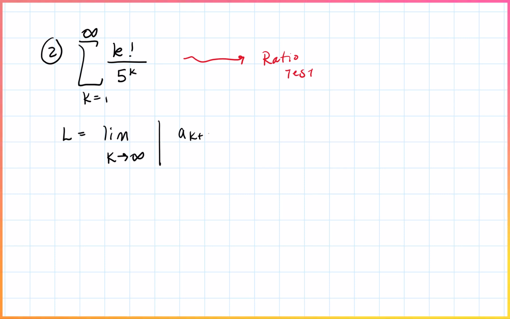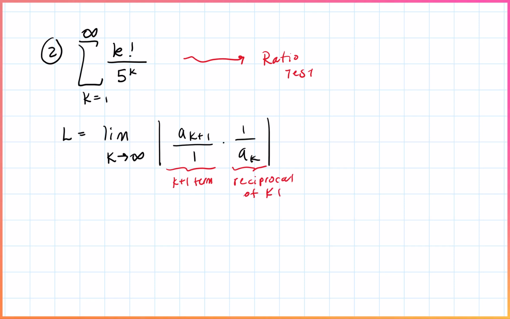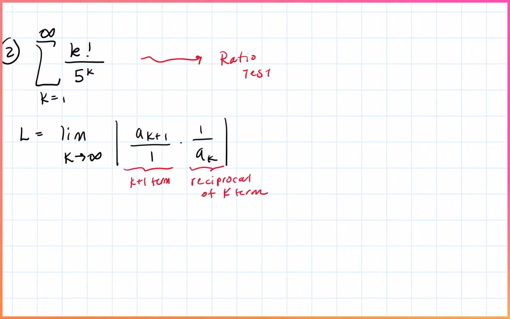Just remember, with the ratio test, it is often a little easier to think of it in this form, where we take the k plus 1 term, so we plug in k plus 1, and then we multiply by the reciprocal of the k term. So this is going to end up being our limit. Our L is going to be the limit as k approaches infinity.